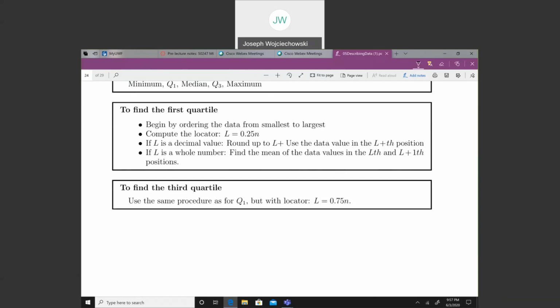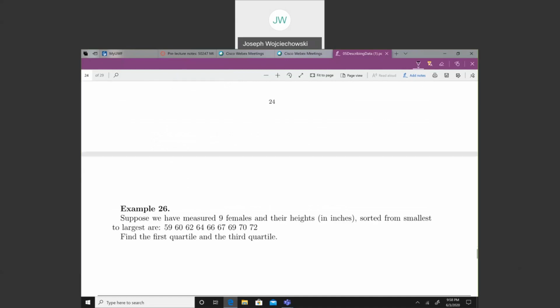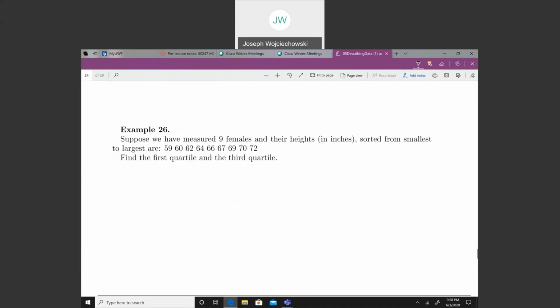Use the data in that position. If L is a whole number, find the mean of the data values in the Lth and L plus 1 positions. To find the third quartile, use the same procedure as for Q1, but with a locator of L equals 0.75 n.